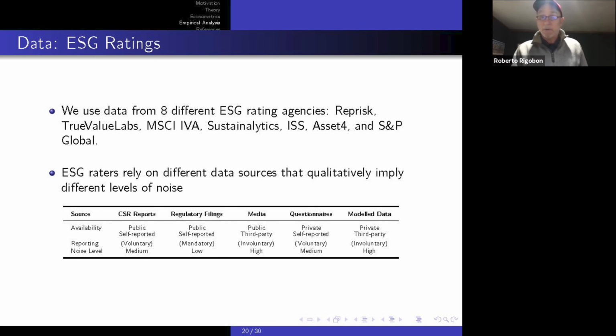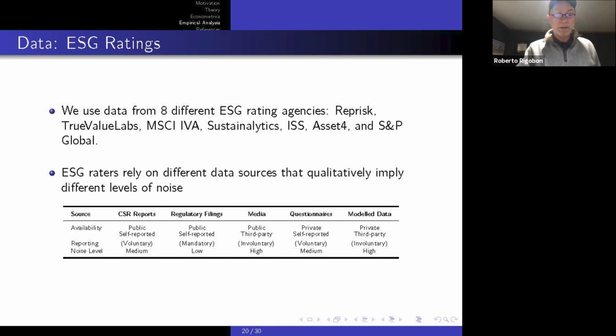We're still finishing the paper, so we keep adding rating agencies as we go along. Here we have 8 different rating agencies. Every time we get a rating agency, it takes a long time to match them across all the different categories that we have. The data comes from very different places. Some of it is from corporate social responsibility reports, a lot of it is from surveys, and a lot of it is from the media. They have different proportions of these sources.